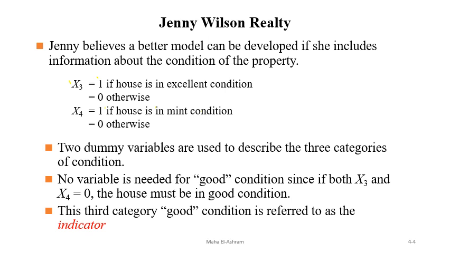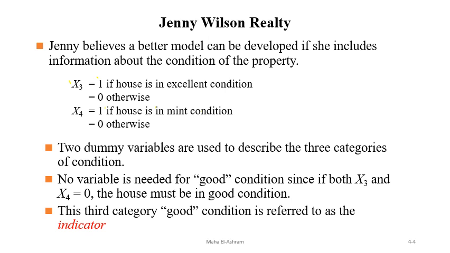Whenever I have a categorical or a qualitative variable, and I want to represent it in a multiple regression model, I will look at the categories of this variable, and define a number of dummy or binary variables that is equal to the number of categories minus 1.